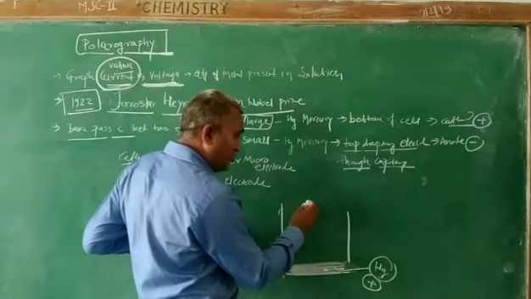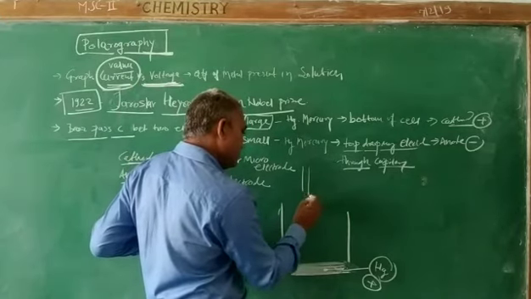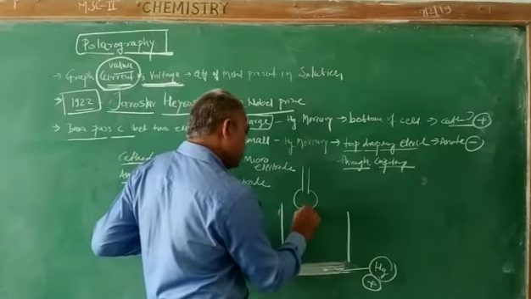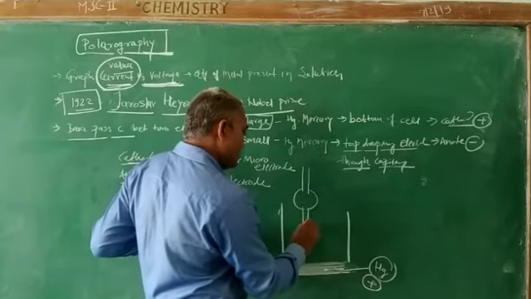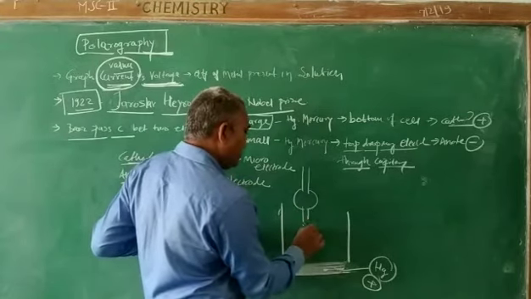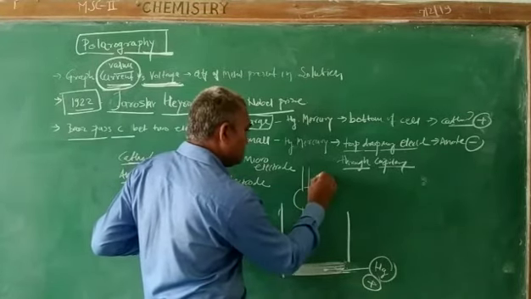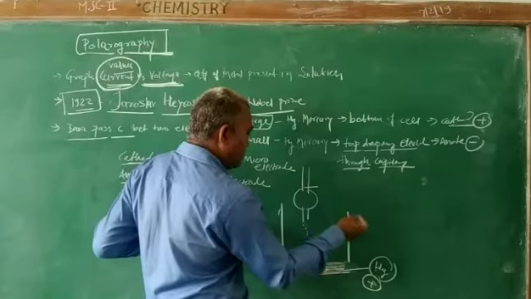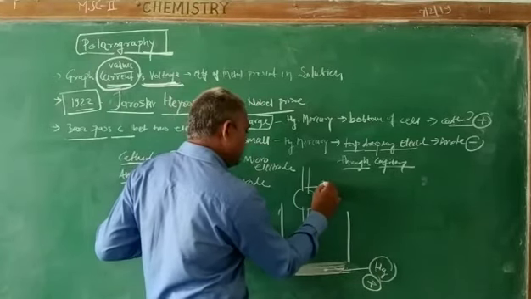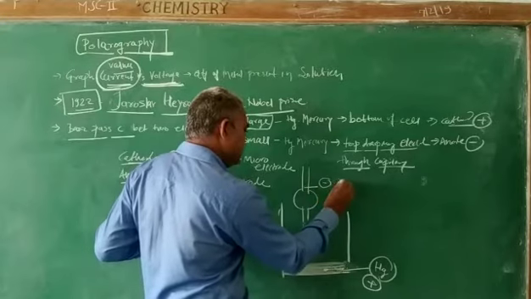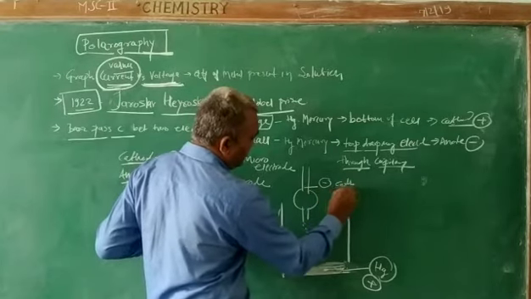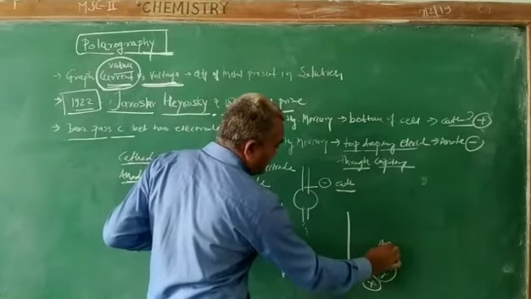And the small cathode, with a droplet of mercury, is the negative terminal. This is the cathode, and this is the anode.